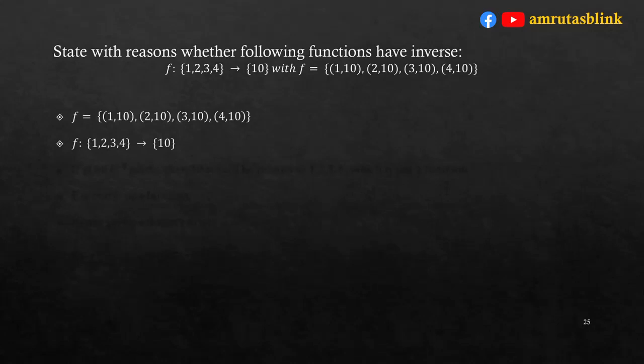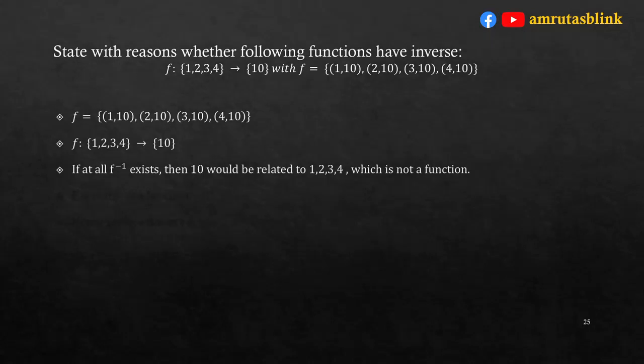So, f from 1 to 4 is related to 10. That means, if at all f inverse exists, then 10 would be related to 1, 2, 3 and 4, which is not a function. That is, in this case f is a many-one function and hence inverse doesn't exist.